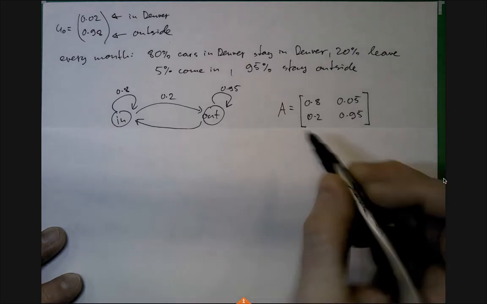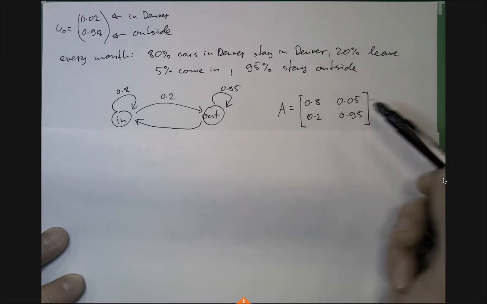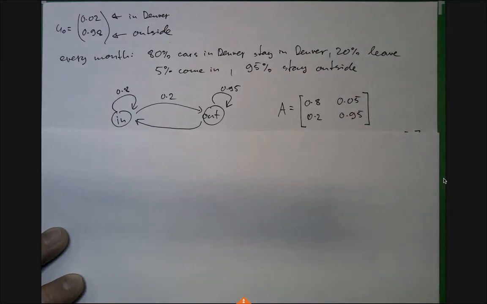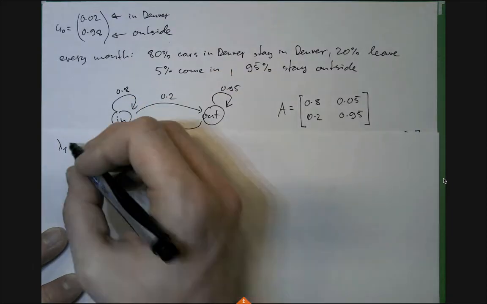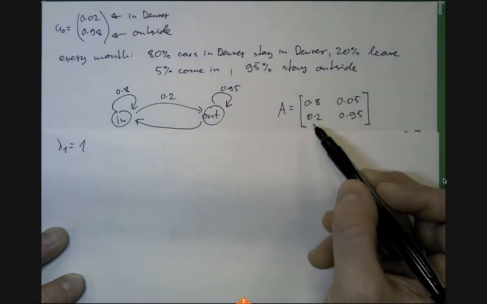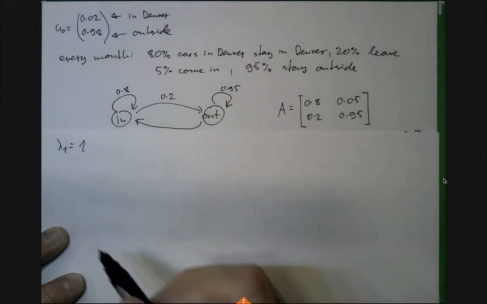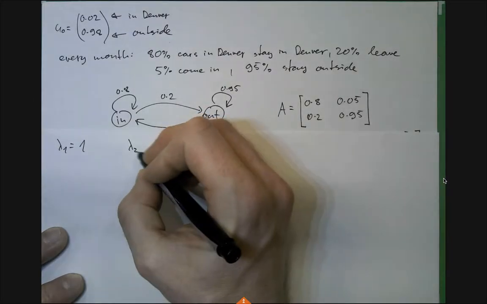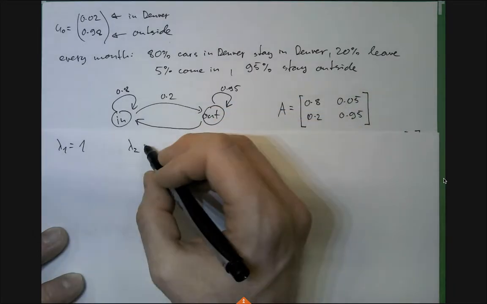Okay, so let's first compute the eigenvalues and eigenvectors of the matrix A. I'm actually not going to be computing them, that doesn't make sense. I will just show you what the answer is. So there's one eigenvalue which is 1. By the way, one of the examples in your homework is to compute eigenvalues and eigenvectors, so I hope you remember the drill, how it works. You form the characteristic polynomial and find its roots.